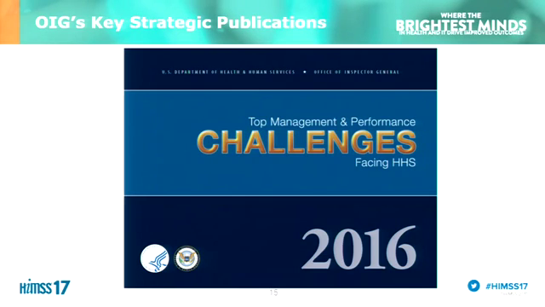It's included in the department's Health and Human Services annual financial report as an appendix, but it's also posted on our website. And this is a very powerful driver for action for various stakeholders, for the department, for Congress, and it certainly is reflective of the work that we continue to invest in.